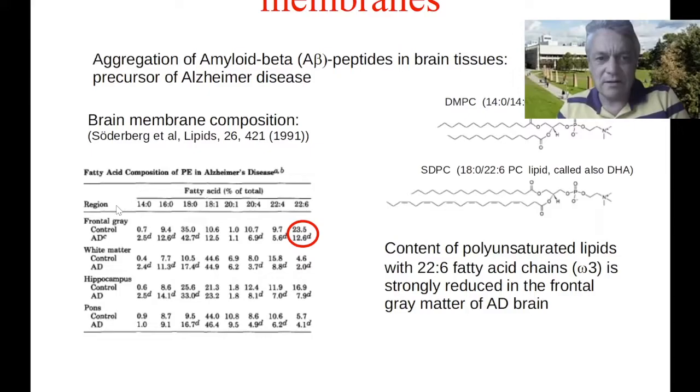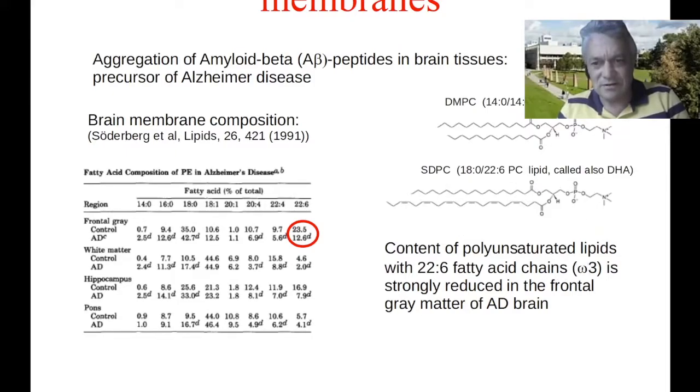look at the lipid composition of a normal brain and the brain of a person with Alzheimer's disease, this data shows that in the Alzheimer's brain, the content of strongly polyunsaturated fatty acid is reduced very much, especially this acid, which belongs to the omega-3 class of fatty acids.